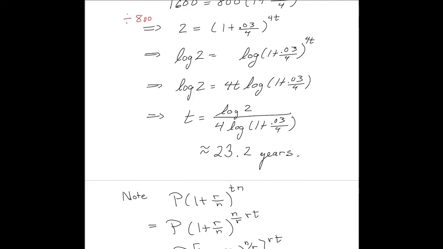And now we can divide by what's multiplying t on both sides of the equation. We get t equals log of 2 divided by 4 log of 1 plus 0.03 over 4. We can approximate this with our calculator, get an idea that we need 23 years of investment to get $1,600 from there.